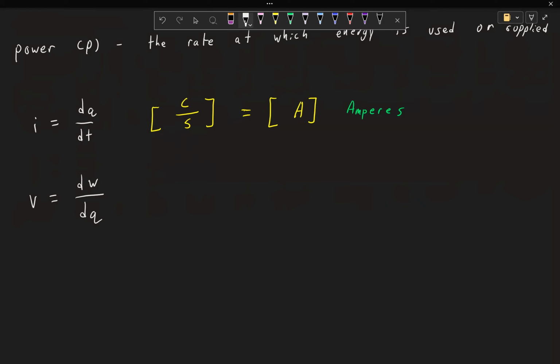So dW/dq is voltage. So now units of voltage would be energy per charge, so joules per coulomb. What is a joule per coulomb? It's just a volt. So we measure voltage in volts.